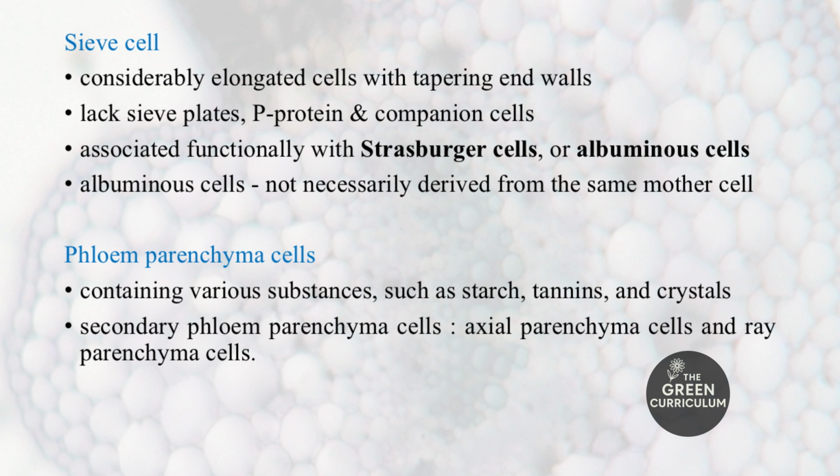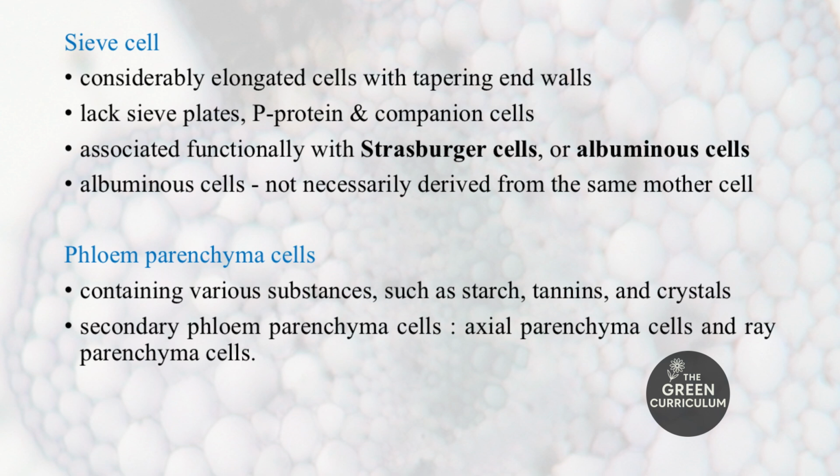Instead of companion cells, the sieve cells are associated functionally with albuminous cells, also known as Strasburger cells. The sieve cell and albuminous cell are not necessarily derived from the same mother cell, unlike the sieve tube member and companion cell, which are derived from a single mother cell.